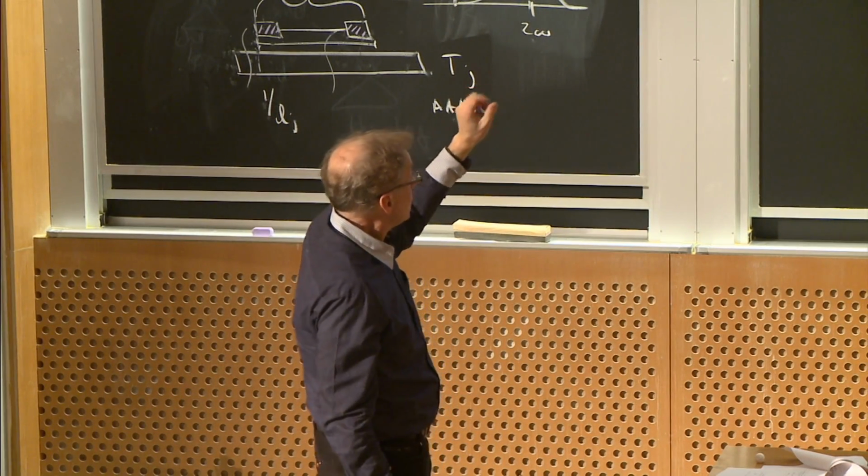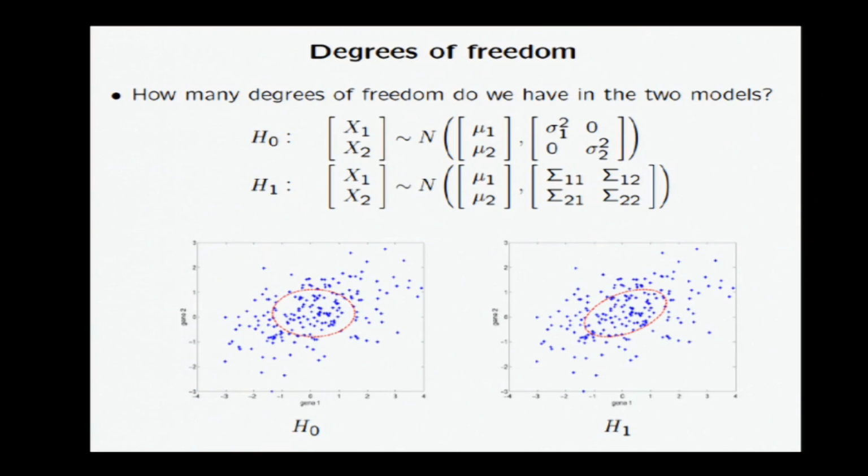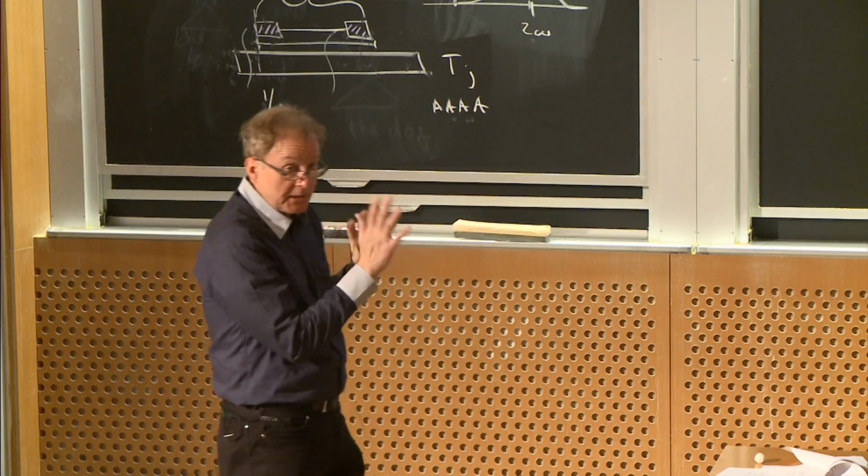So here are two different models for these data. The null model, H0, is that they came from two independent Gaussians. The alternative model, H1, is that they came from two correlated Gaussians. And then we can ask whether H1 is sufficiently more likely to warrant our rejecting H0 and accepting H1. Now, as I said, H1 is always going to fit the data better.